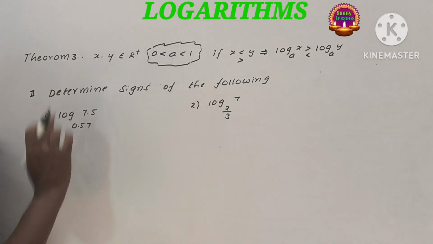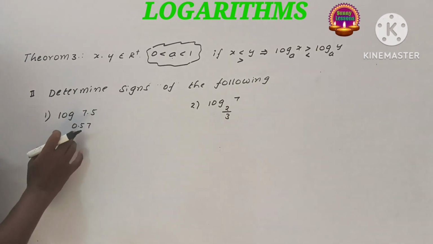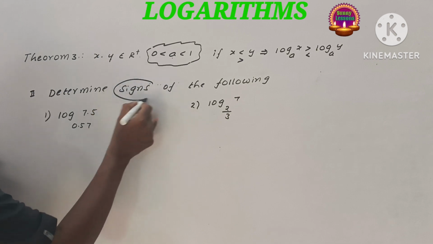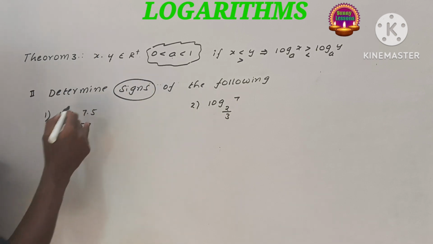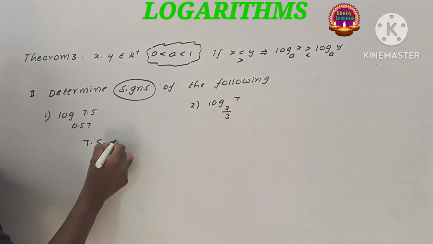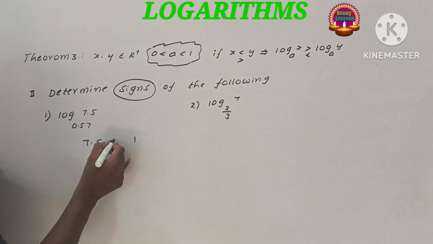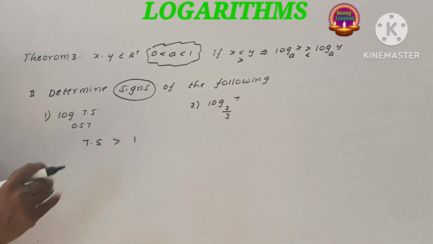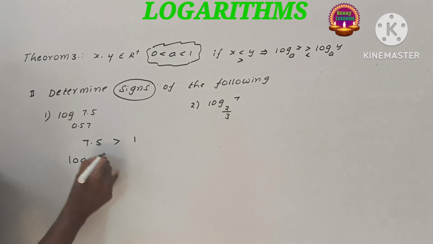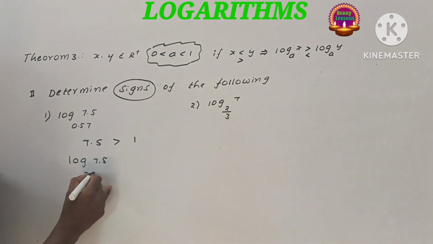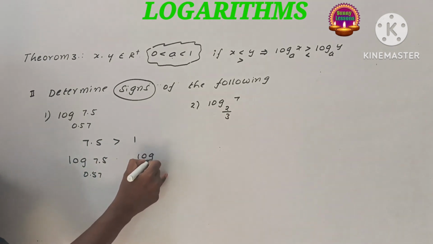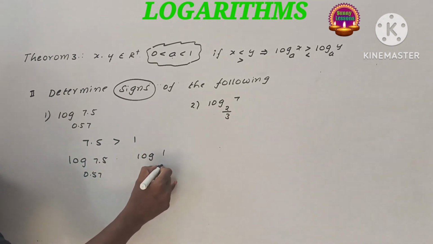Determine signs of the following. Log 7.5 base 0.57. Yes, when asked to determine the sign, we have to compare x with 1. So 7.5 and 1. As 7.5 is greater than 1, apply log on both sides. Log 7.5, here the base is 0.57, and log 1 base 0.57.